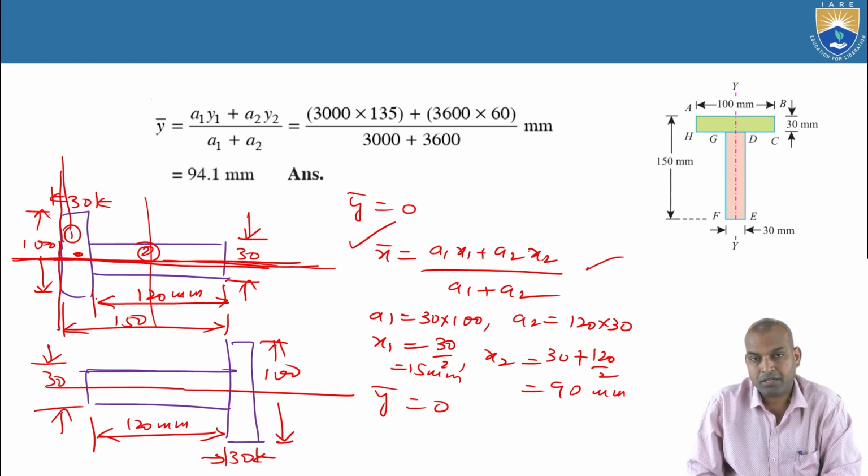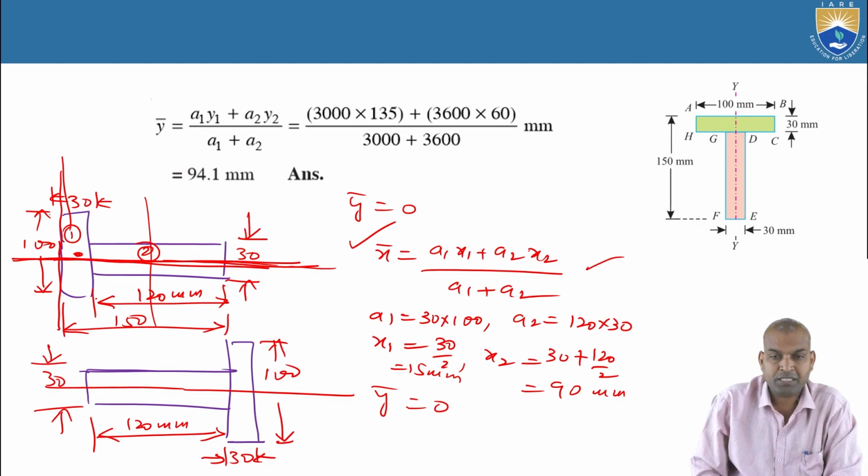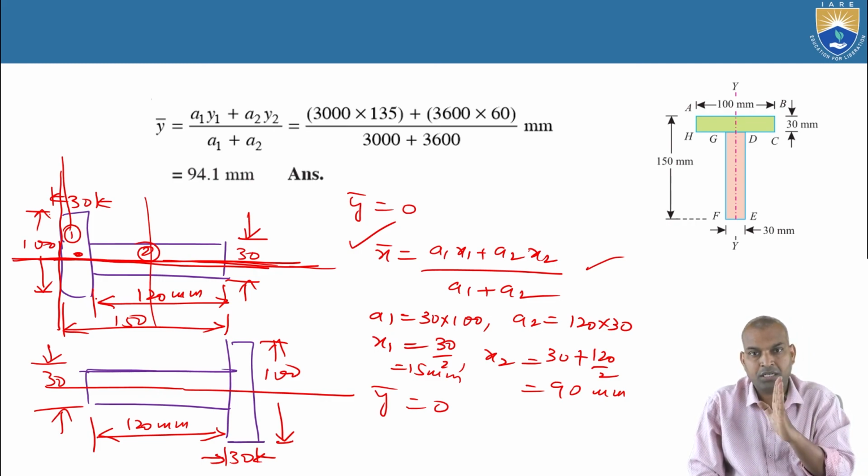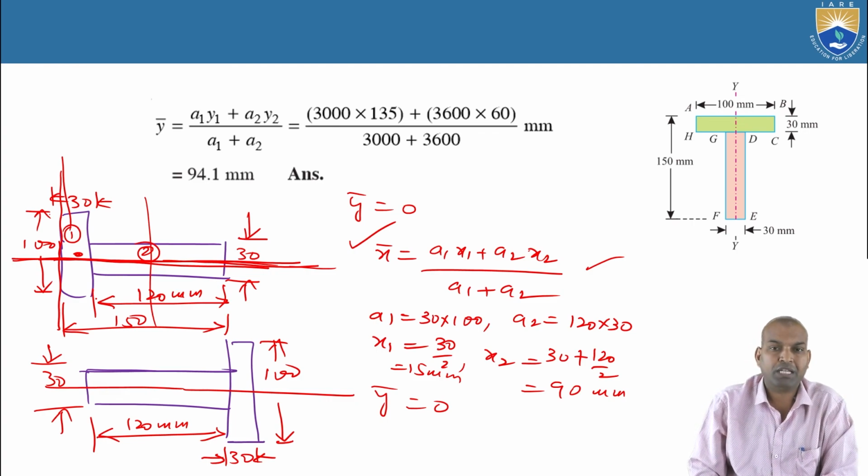Finally we solved four cases of the T section: symmetry about axis y for two cases, the vertical T section and the inverted T section, and the horizontal T sections, left side and right side also. These are the four cases we solved for the centroid of the T section.